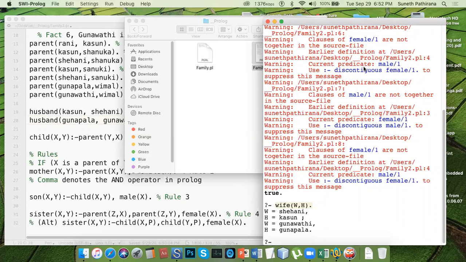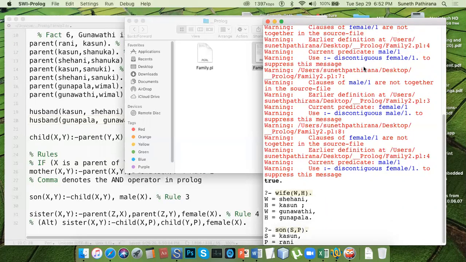Now we can test what we call the son relationship, where a father or mother has a son. Am I using capital S? No, S means a son. It lists the sons and the parent. Kasun is a son of Rani.